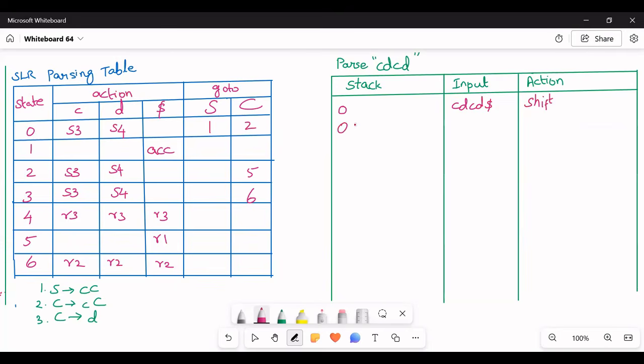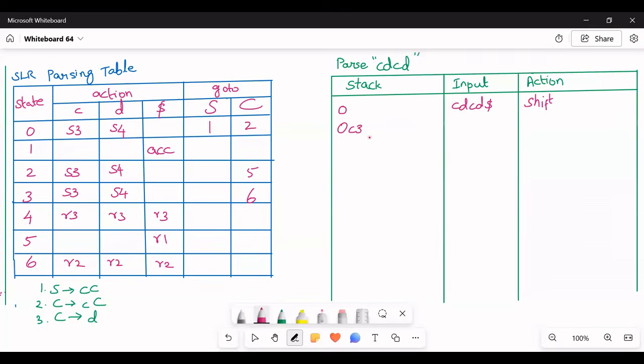We need to shift one input symbol on the stack along with the 3. In 0 comma C, we have seen shift 3, so state 3 should also be shifted. In shift reduce parsing, normally we shift only one input onto the stack.